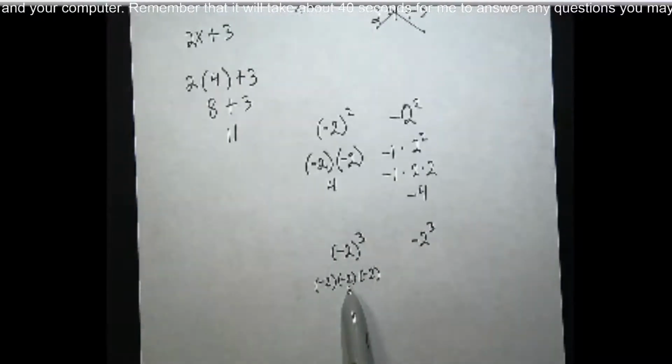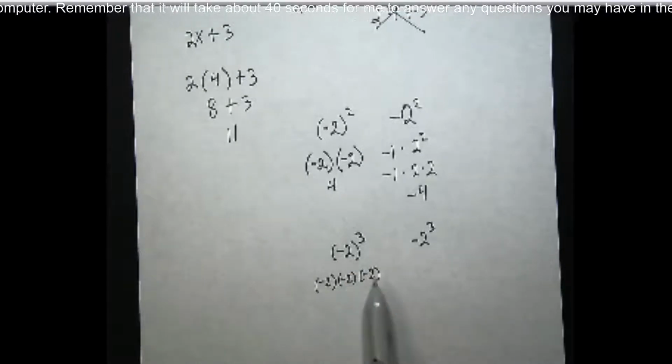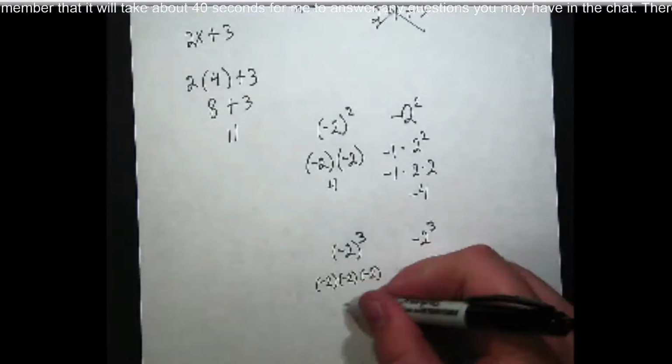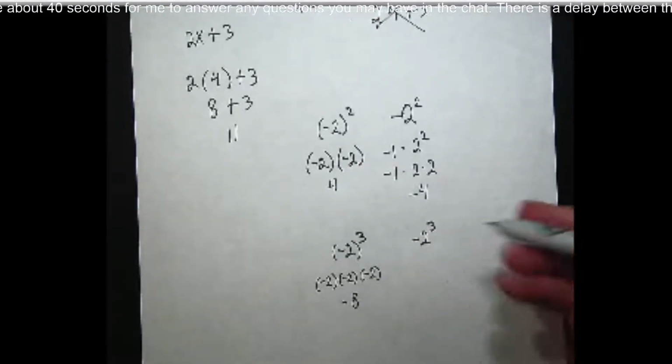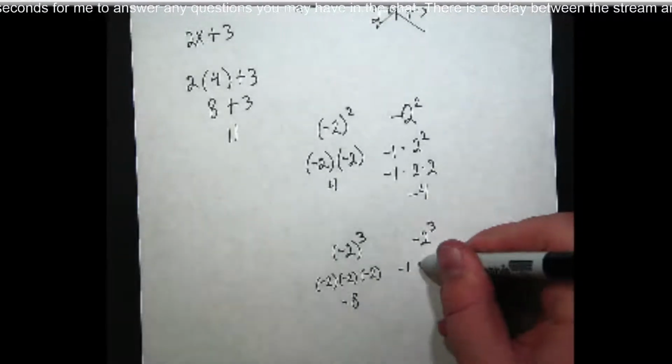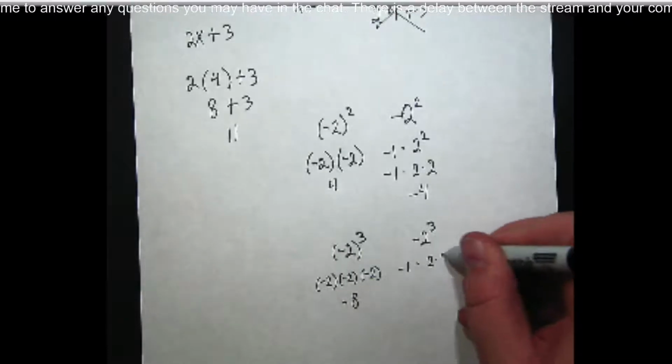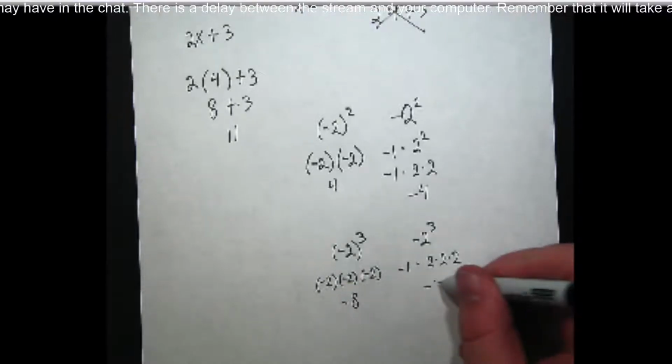So -2 times -2 again is +4. Then times another -2, that is -8. Then here, we have -1 times 2 times 2 times 2. 2 times 2 times 2 is 8, times the -1 is still -8.